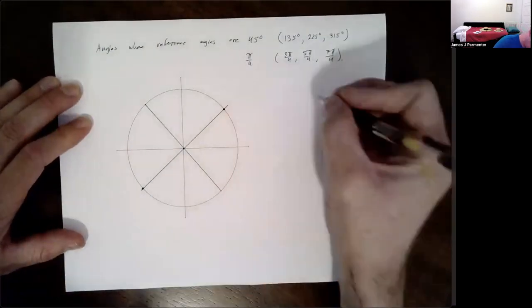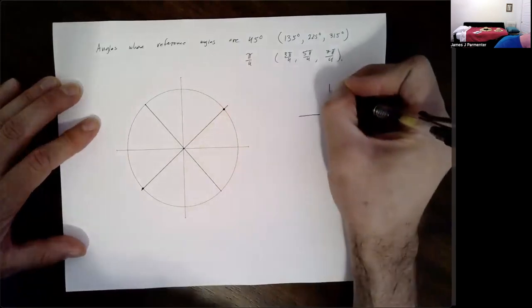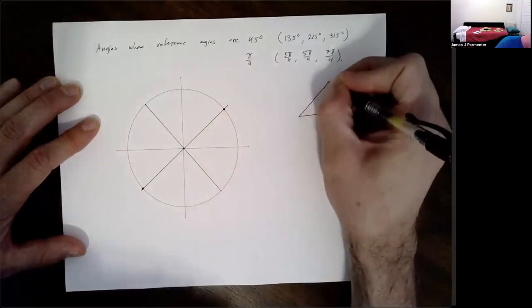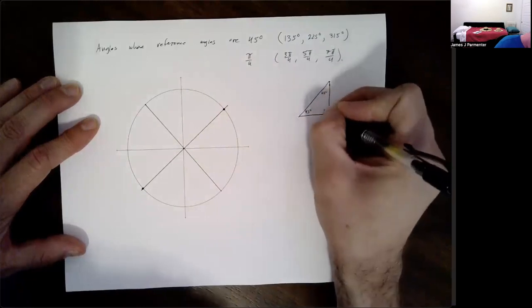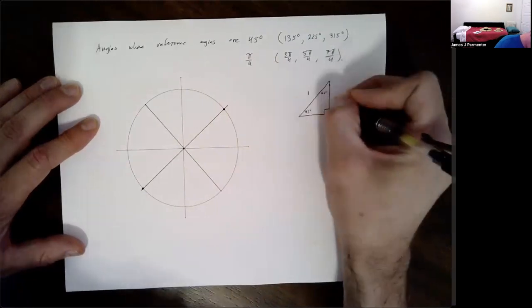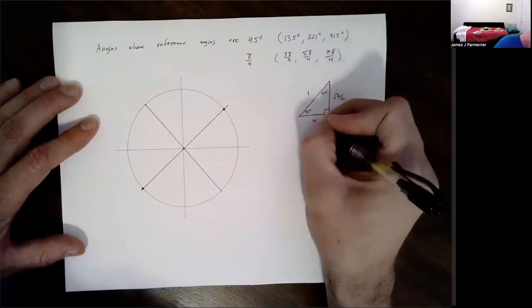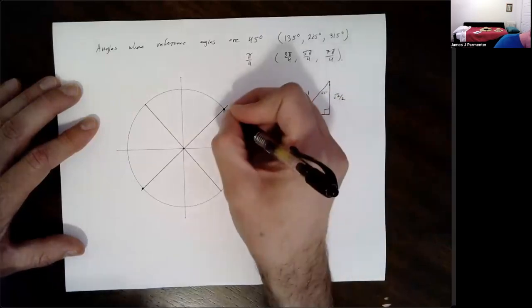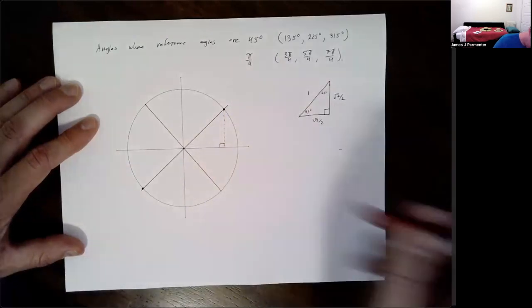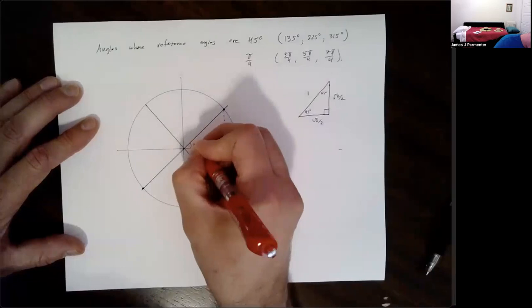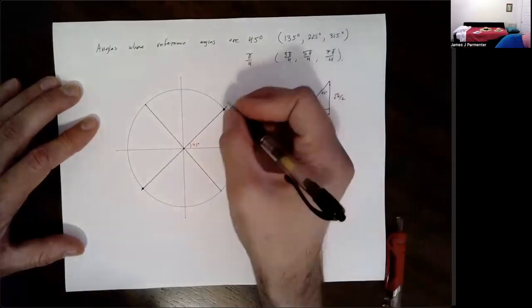Okay, so again, the 45, 45, 90 triangle, one more time, with a hypotenuse of 1. So the hypotenuse is 1, each of these sides is root 2 over 2. So if we drop this perpendicular here, my reference angle is, of course, 45 degrees. My angle is, of course, 45 degrees.